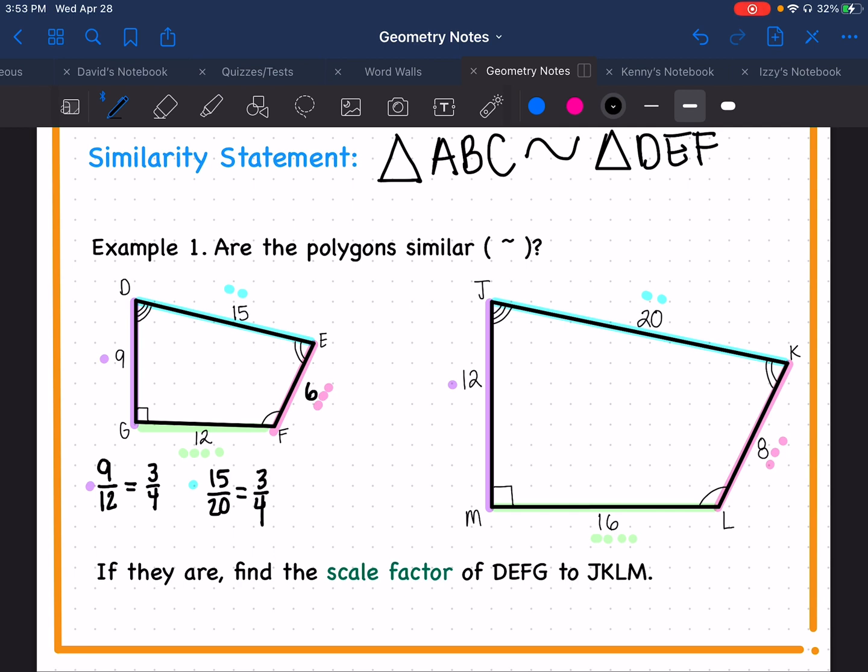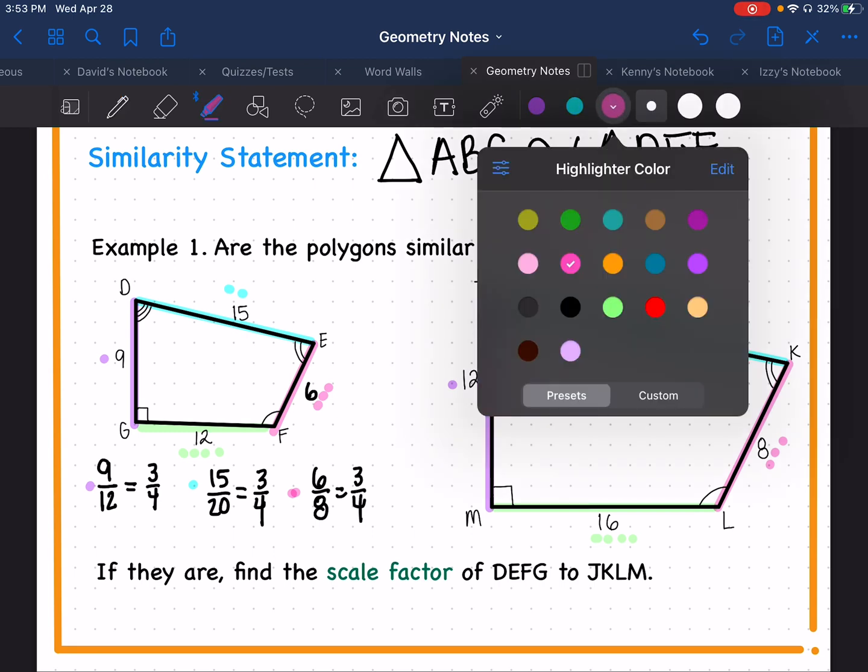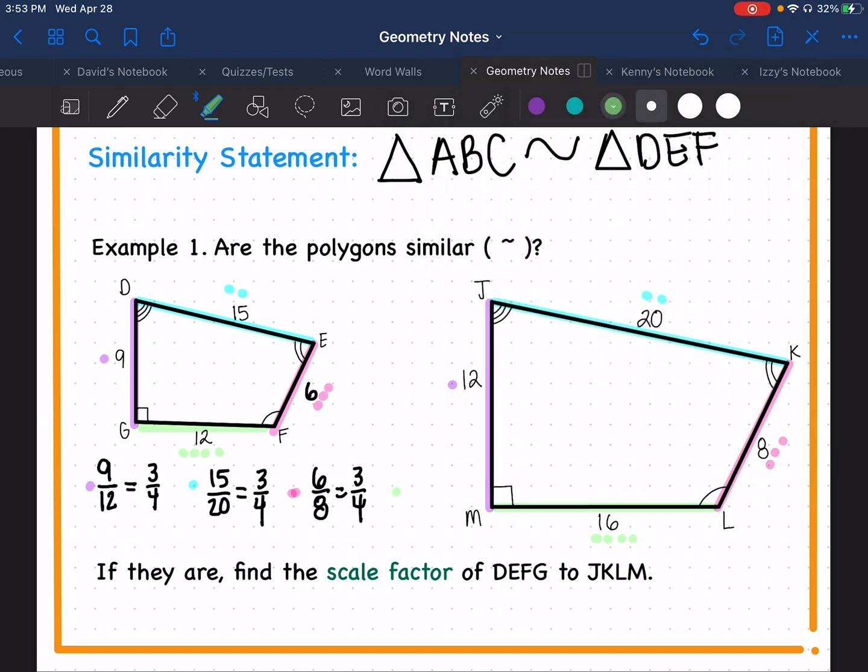And now I can continue on and do the pink ones. 6 over 8, which is 3 over 4. And the last ones, we're going to do those green ones. So let me bring back my green. And we're going to do 12 over 16. And that reduces to 3 over 4 when I divide by 4.